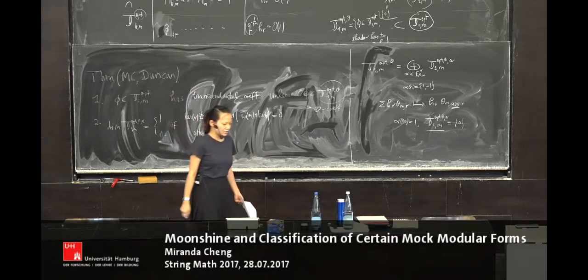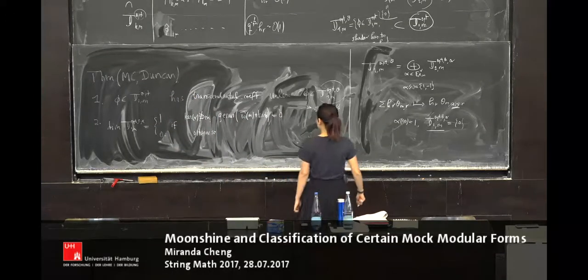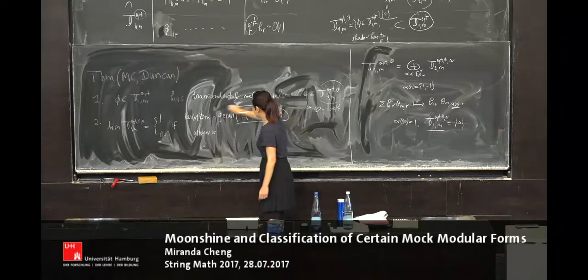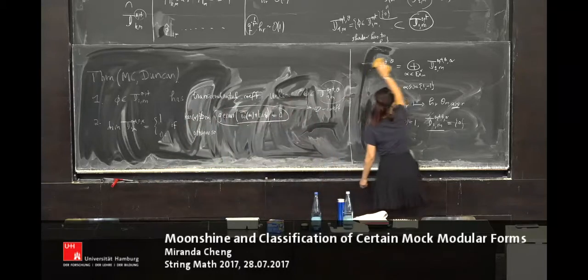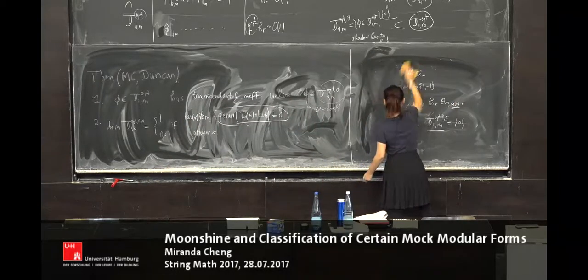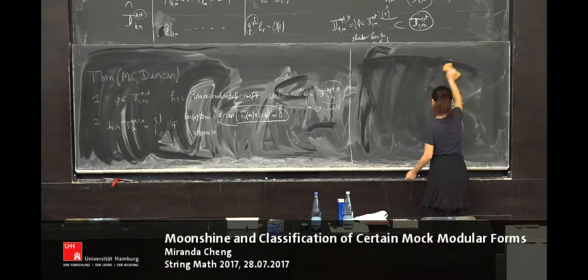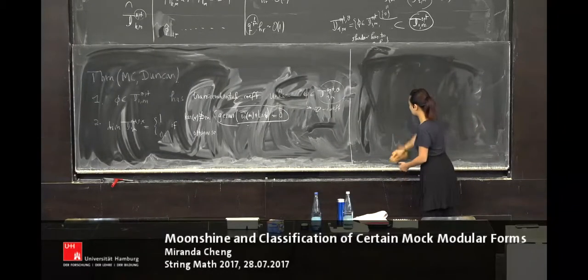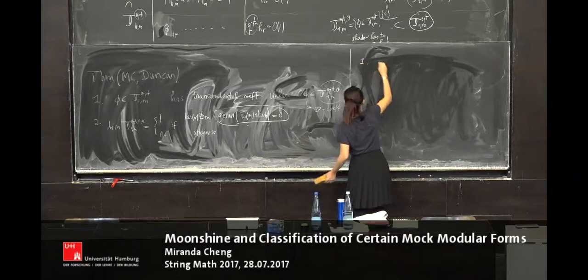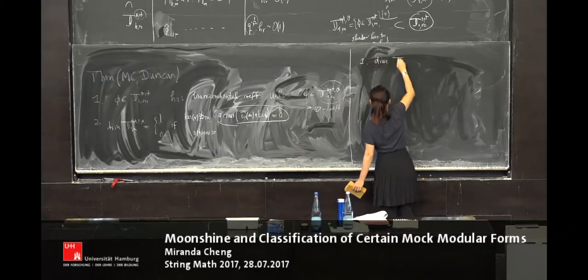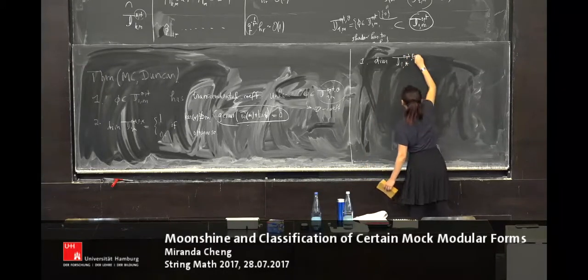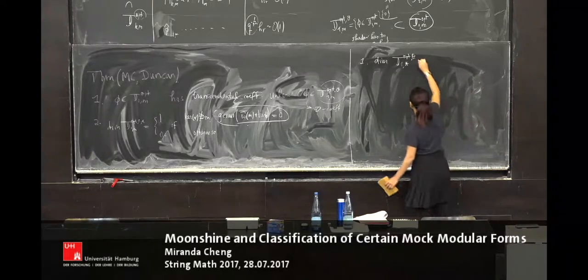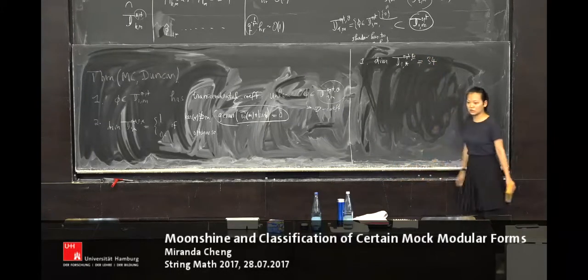That's all nice, but it's even nicer because this gives a finite list. Actually, you can show that the dimension of any weight 1 Jacobi form that has slow growth and non-transcendental coefficients is just 24.